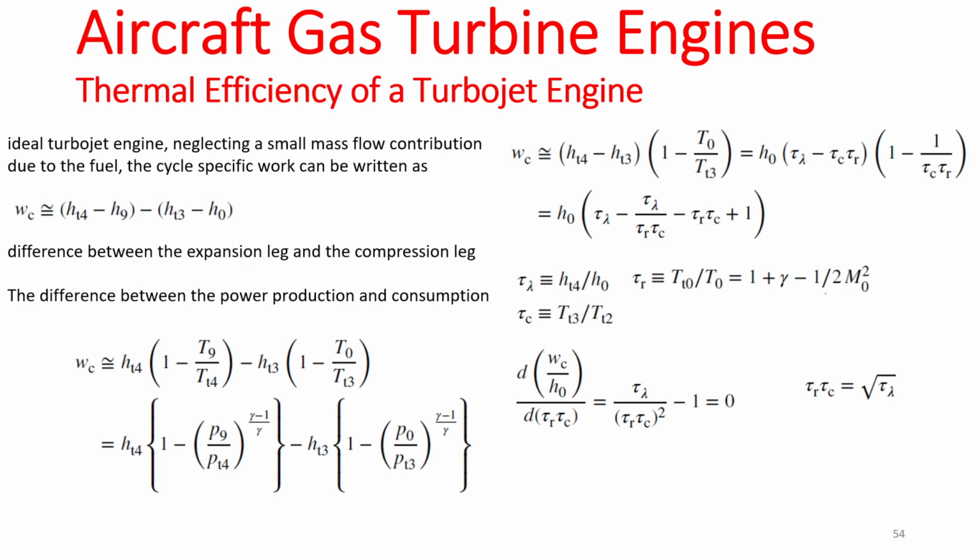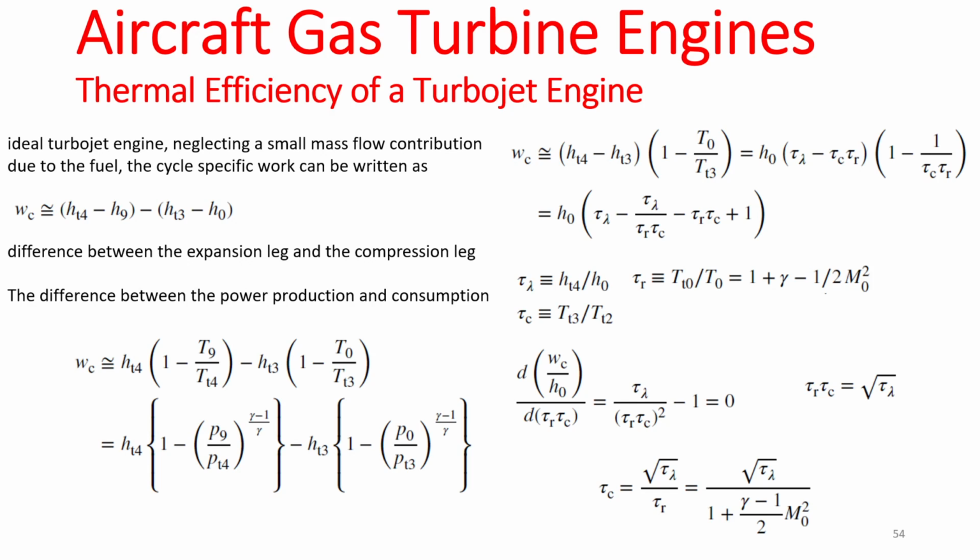So to get the maximum specific work out of your cycle, this relationship must always hold true. Tau r multiplied by tau c must be equal to the square root of tau lambda, which means that your tau c must always be equal to the square root of tau lambda over tau r, and then we can replace that as well.